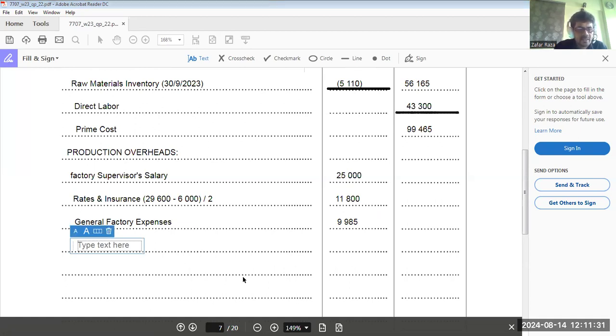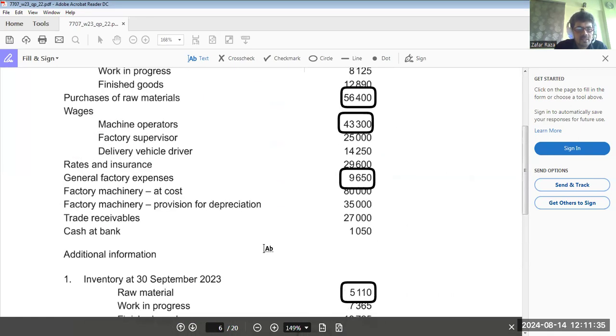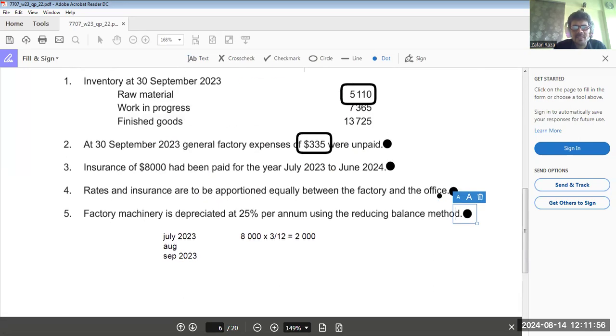Then we have the next item, the cost of factory machine and provision for depreciation. So we are done with all these three adjustments. This is done. This is also done. And this is left. Factory machine, reducing balance method is very easy.